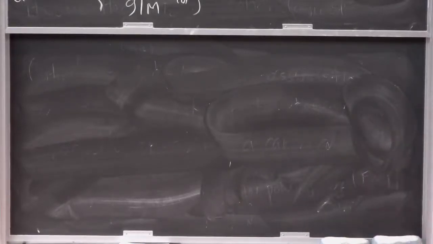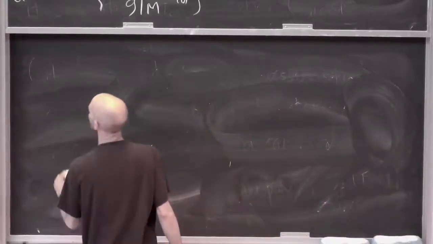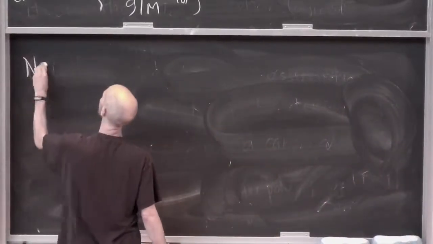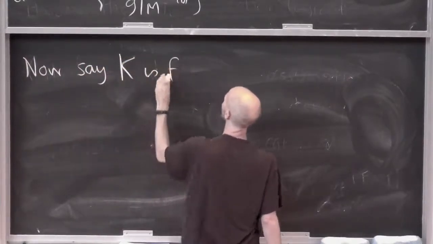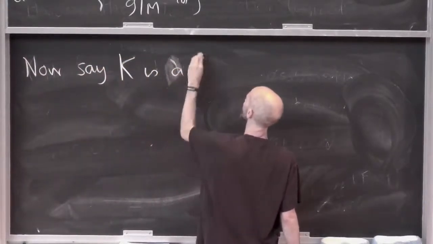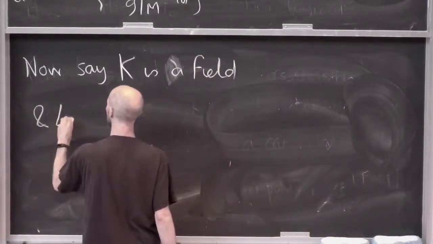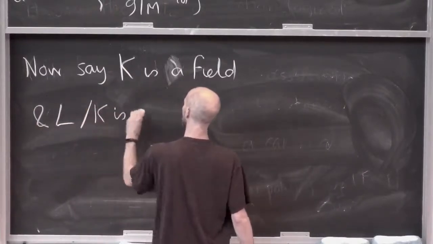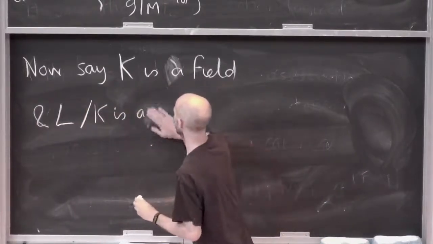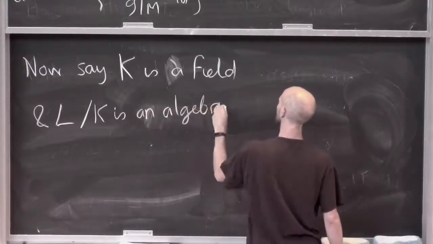So here's how the infinite story works. Now say, let's say K is a field. And L over K is an algebraic extension.